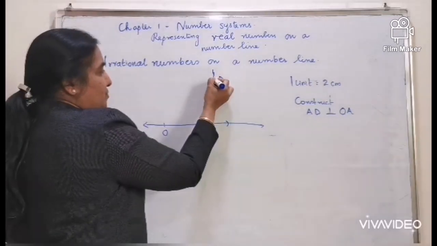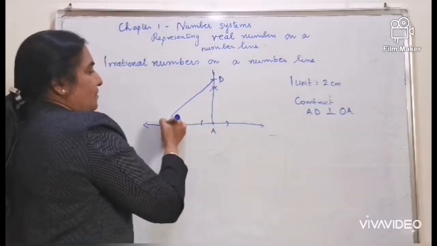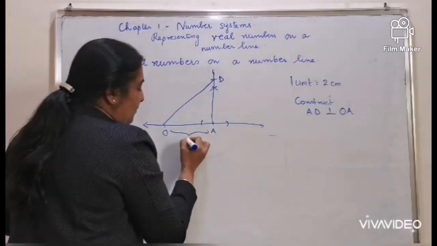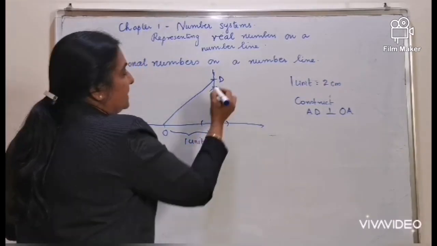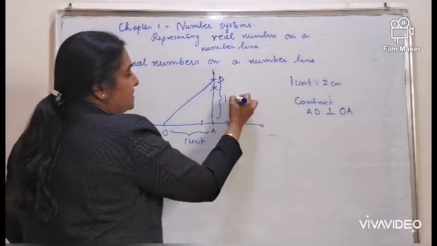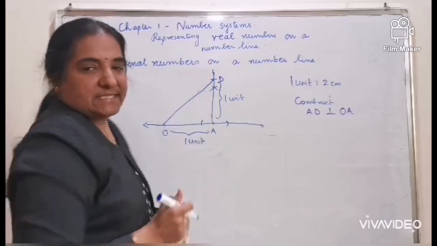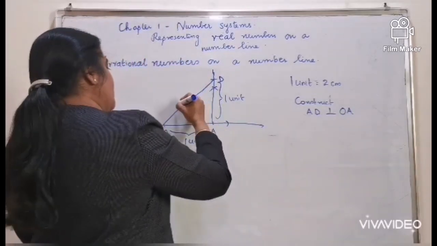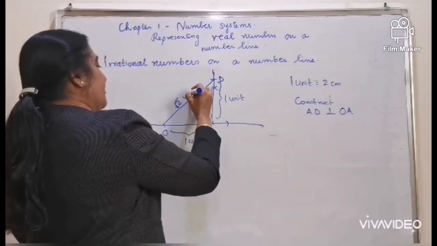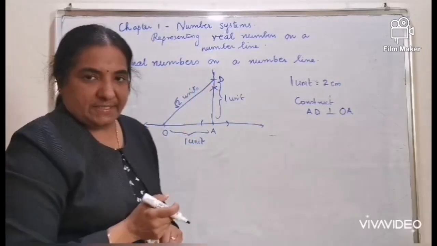Now, once you join OD, this is 1 unit you have considered. This also is 1 unit. The same unit you have considered here, which shows that this length will be root 2 units.